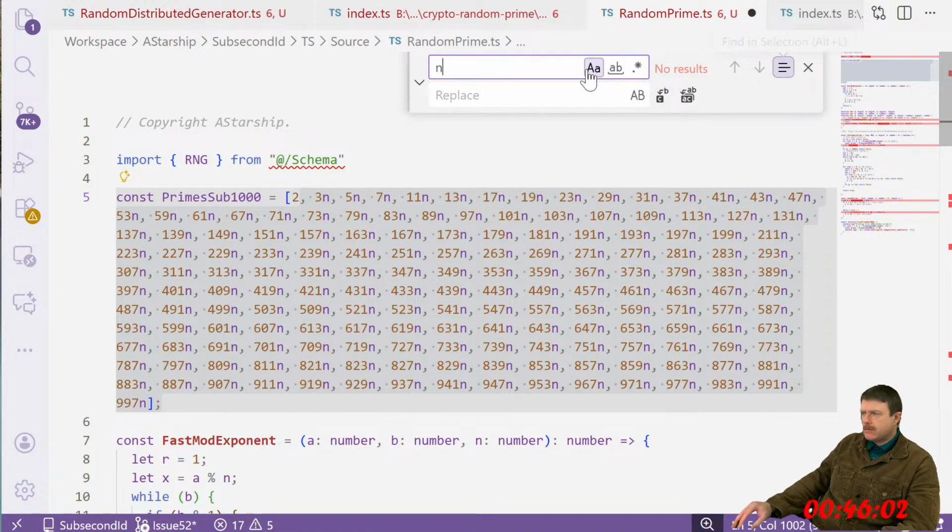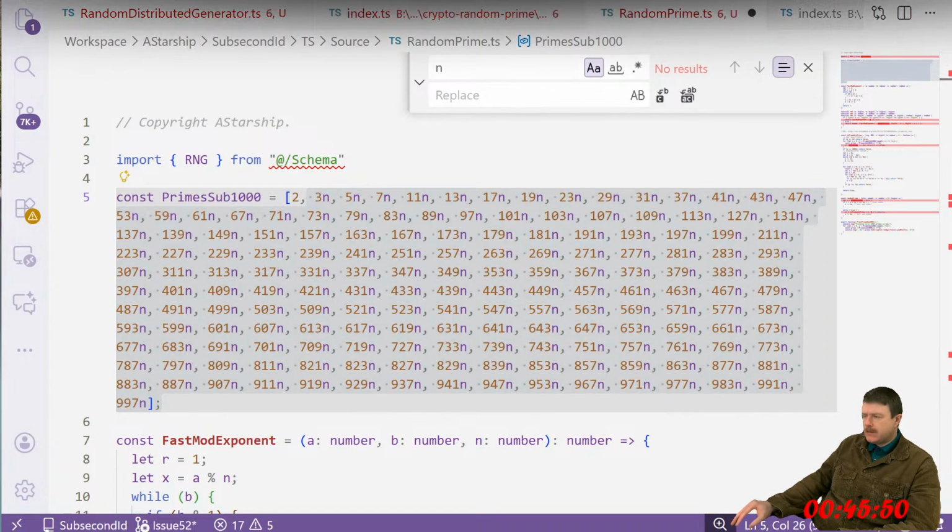Natural. The right one. Damn it, I guess I could use a different thing. That's ridiculous.